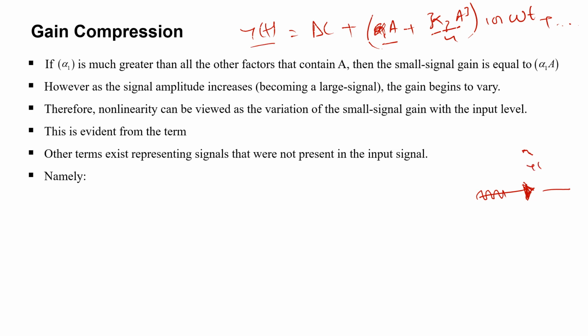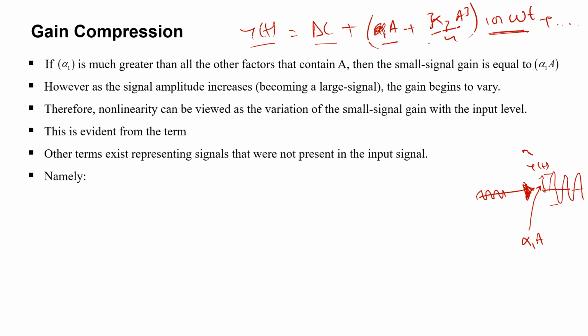Y of t means the output signal. It's an addition of a DC on top of my input signal cos omega t multiplied by alpha 1 a, that is the amplification factor. So I will get an output sine wave having an amplitude of alpha 1 a. So this is actually alpha 1 a. So that's kind of an amplification factor.